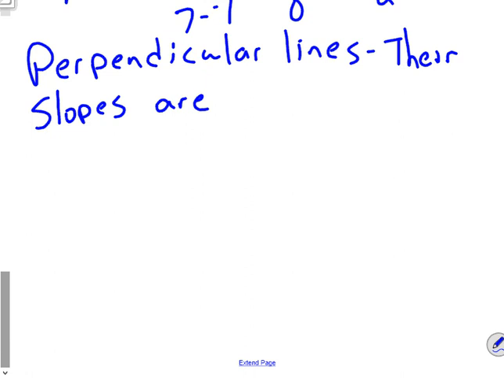Write this down and then I can show you guys. They're just called negative reciprocals of one another.